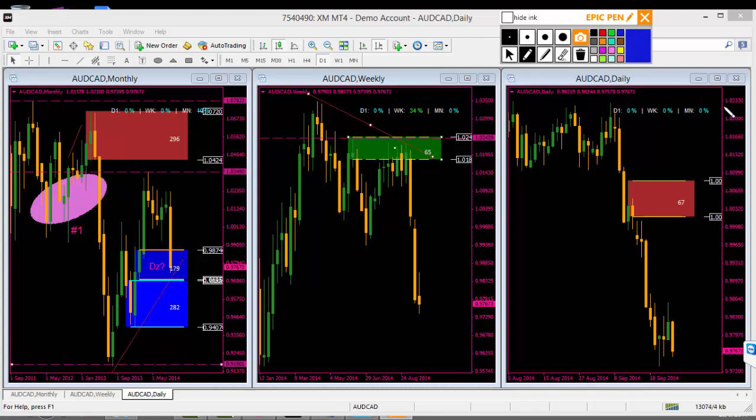Otherwise, the way you display your chart, you only focus on daily just now, not knowing where the current price is located in the weekly and the monthly. I might make some mistake in entering short, selling into a monthly demand.